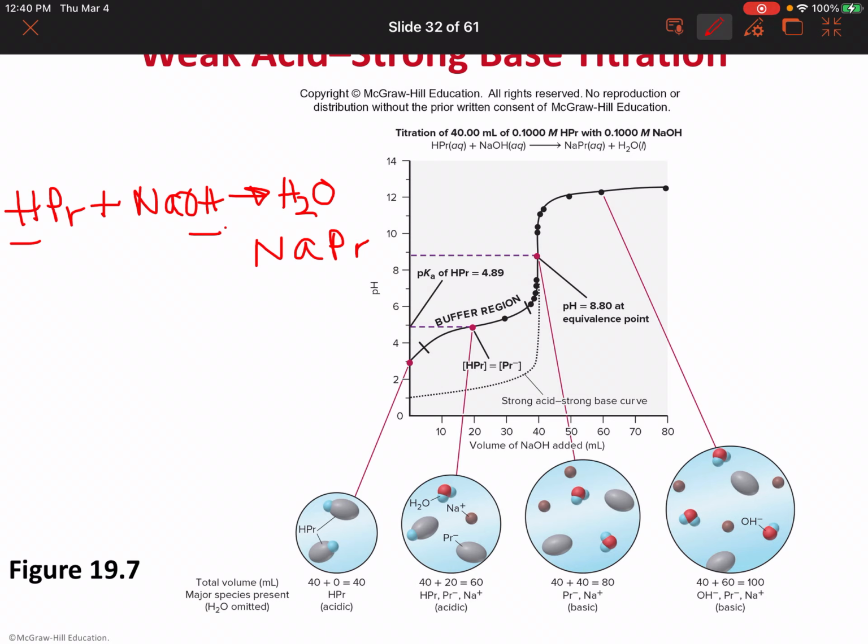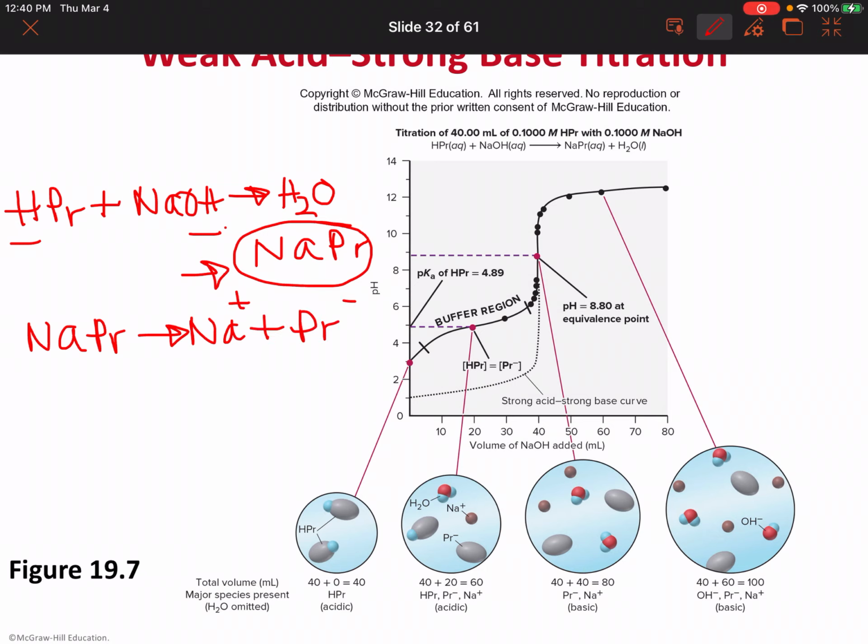Now at this point we have water and a salt, right? Now we're going to see how this salt is going to react with water or with the addition of more hydroxide ions. Okay, so let's remember what we learned about if you have a salt. If you have a salt, sodium propionate, as we learned earlier, the salt will dissociate into ions completely, Na plus and Pr minus.